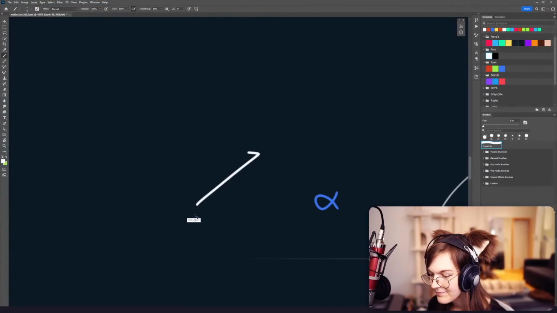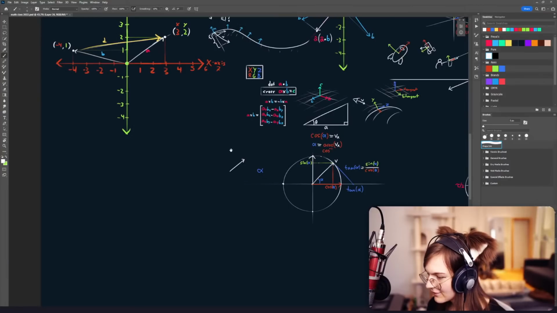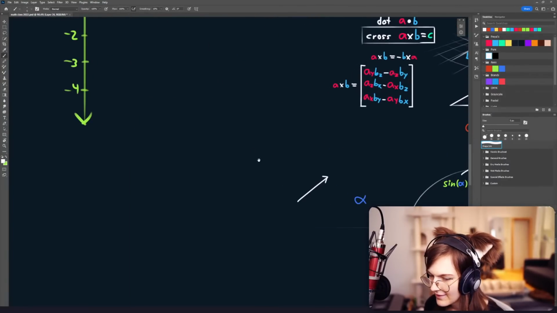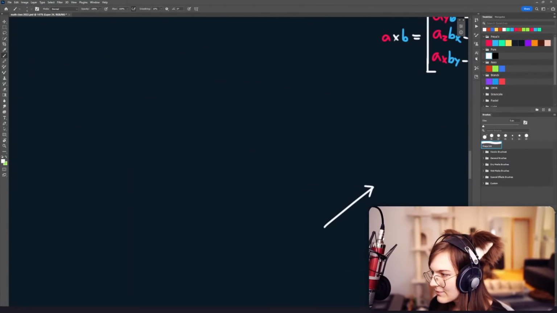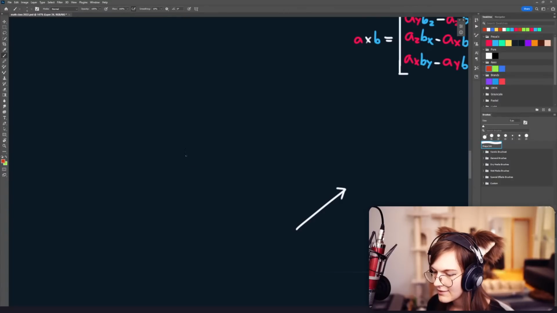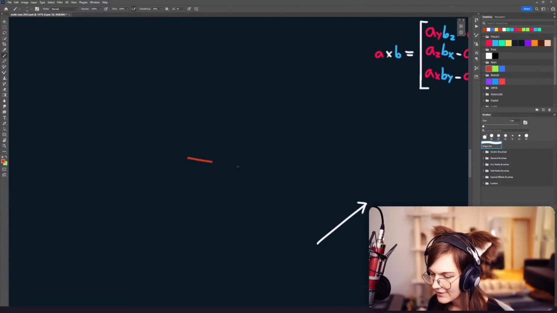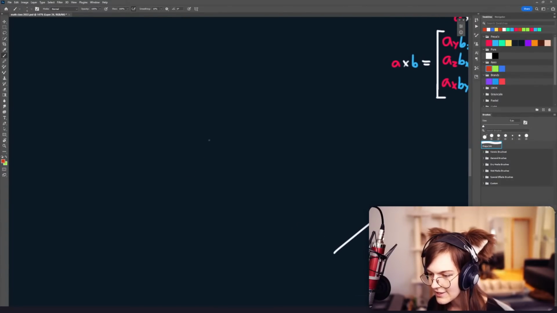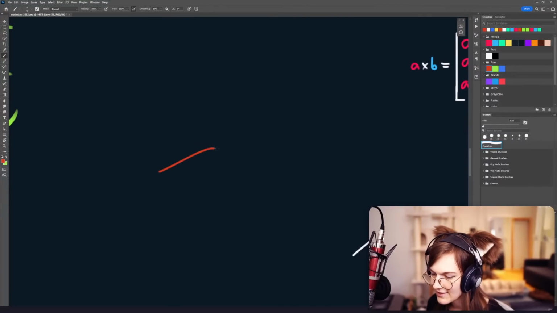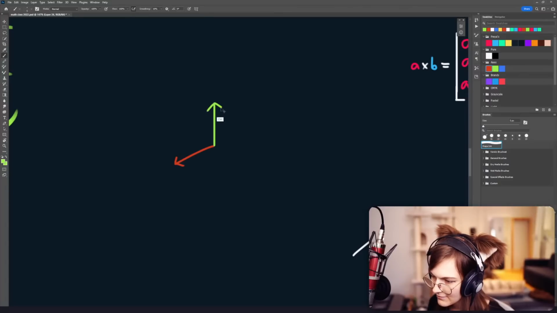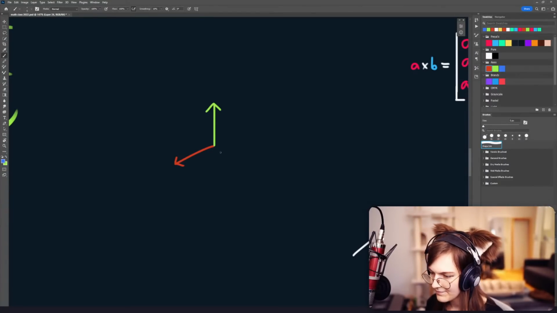But in 3D, things get quite a bit more complicated. In 3D, if we want to store an orientation, the way that I'd like you to think about orientations is in terms of the basis vectors. So in Unity, we would have y up as our default. And then we have our 3 axes, x, y, and z.